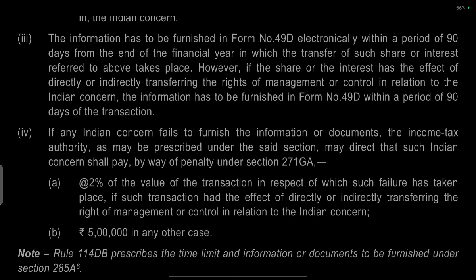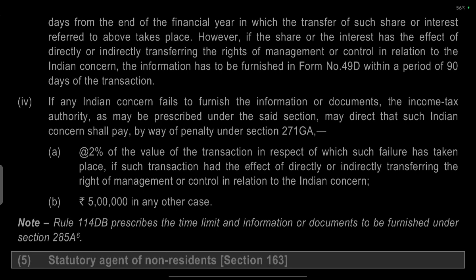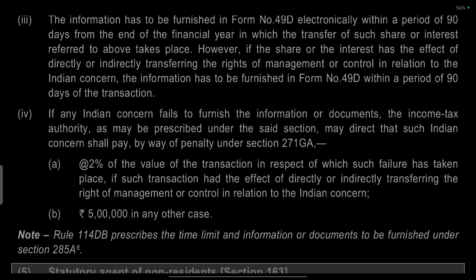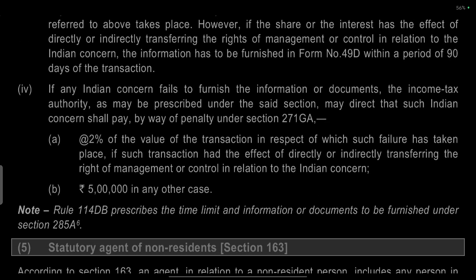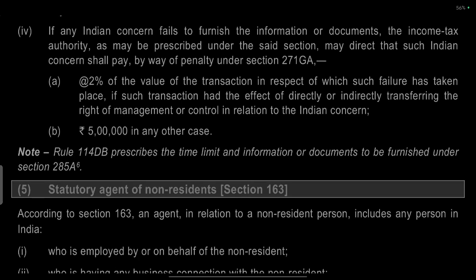However, if the shares or interest have the effect of directly or indirectly transferring the right of management and control in relation to the Indian concern, information has to be furnished in the 1490 end form and within the period of 90 days. If any Indian concern fails to furnish information or documents to the income tax authority, as may be prescribed under Section 6, then such Indian concern shall pay by way of penalty under Section 271G 2% of the value of the transaction in respect of which such failure has taken place.